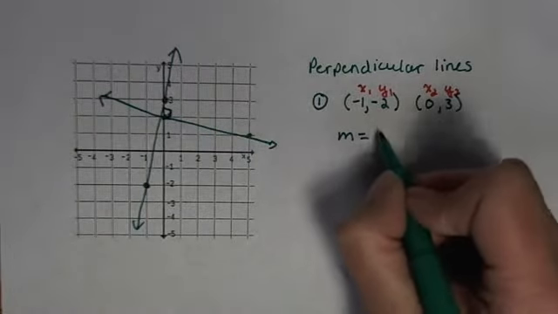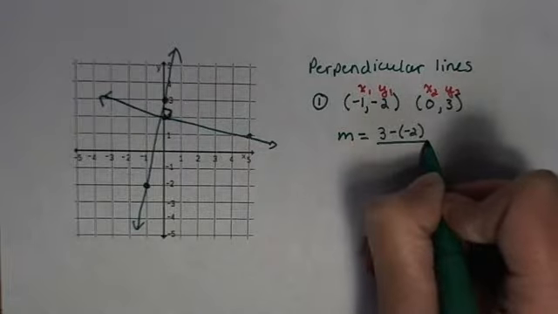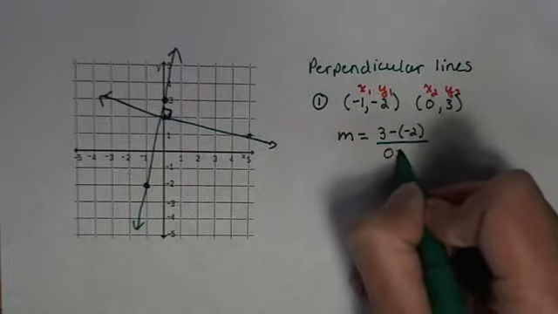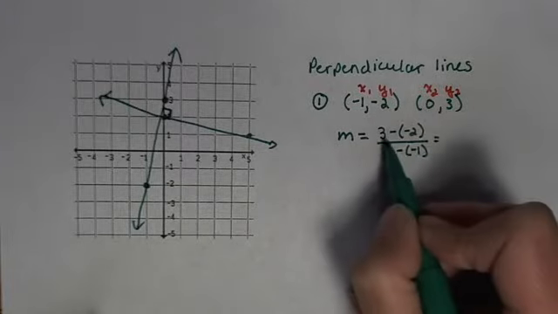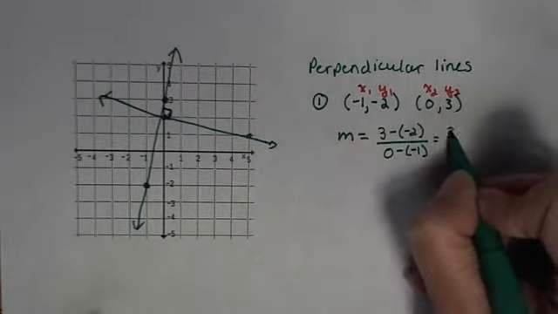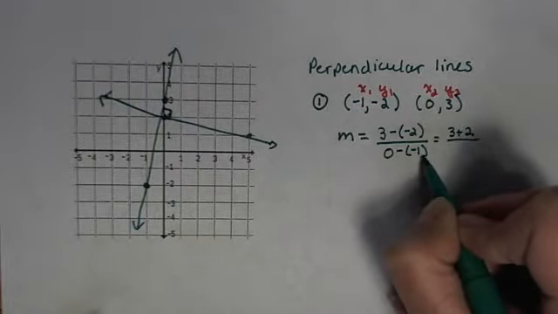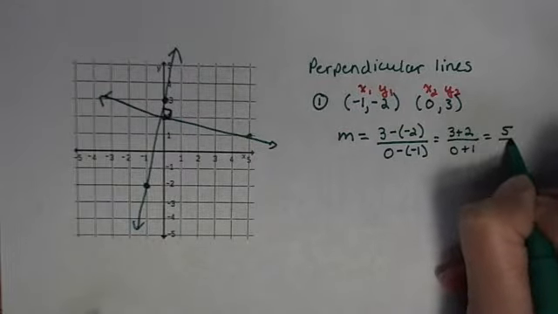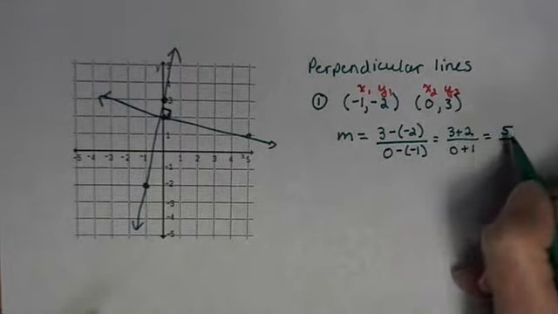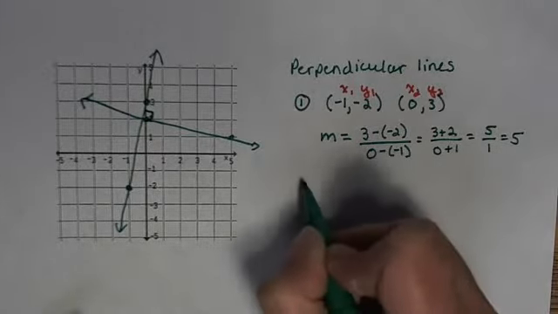And we have 3 minus a -2 divided by 0 minus a negative 1. So if we're careful in computing this, 3 minus a negative 2 becomes 3 plus 2. A 0 minus a negative 1 becomes 0 plus 1. So this becomes a 5 over 1. Or, simply stated, it would be a 5.